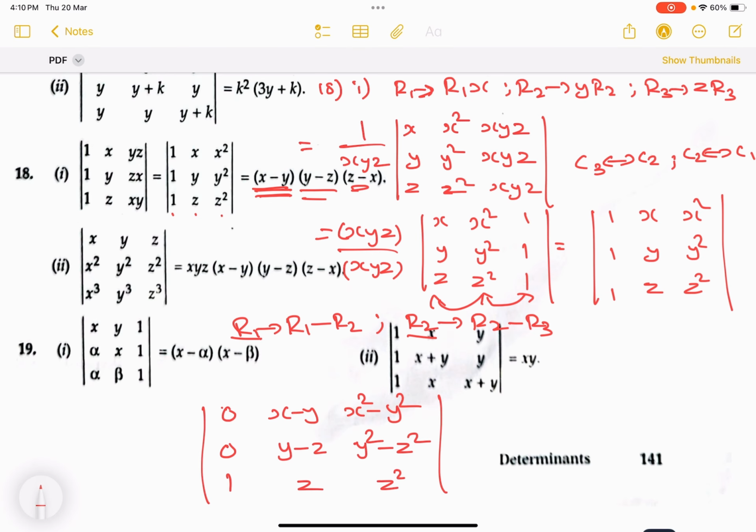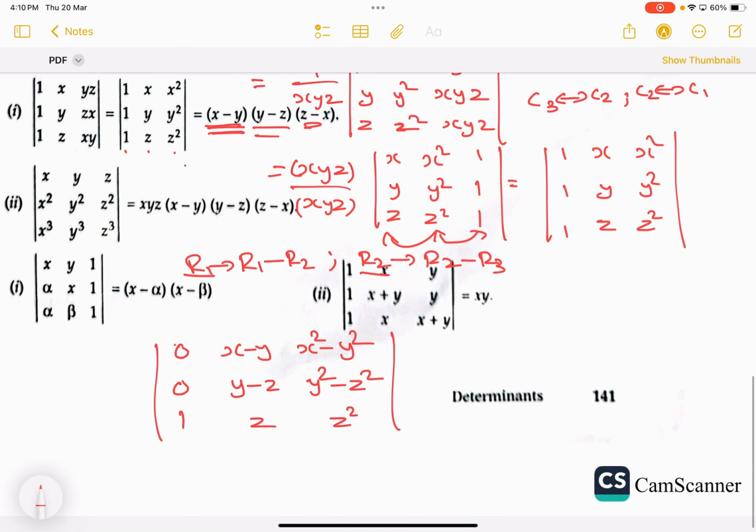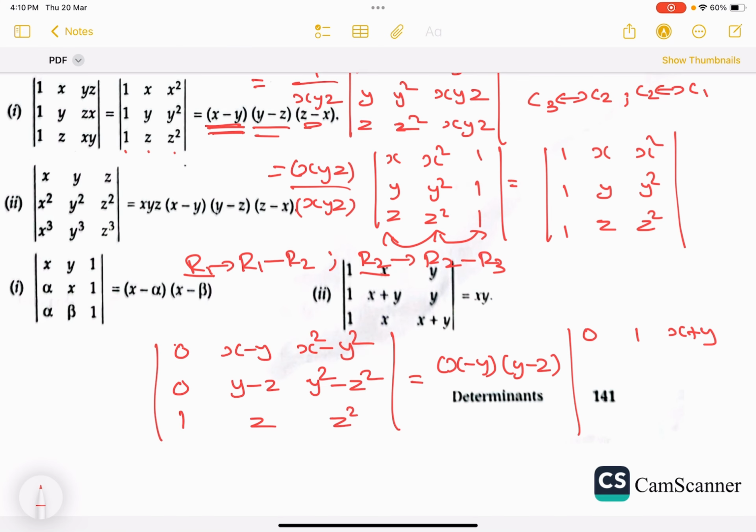So R1 becomes R1 by x minus y. So what will happen? 0, 1, x plus y will be the remaining, because x square minus y square is x plus y into x minus y. Then 0, 1, y plus z. 1, z, z square.